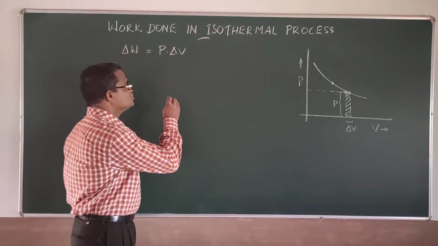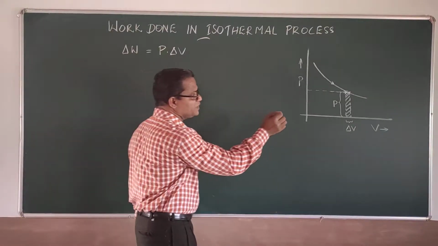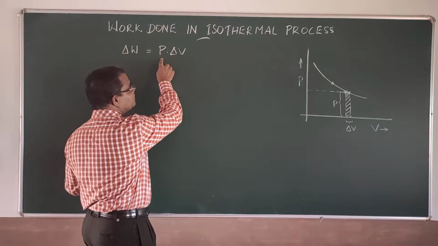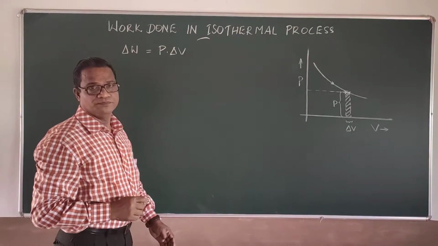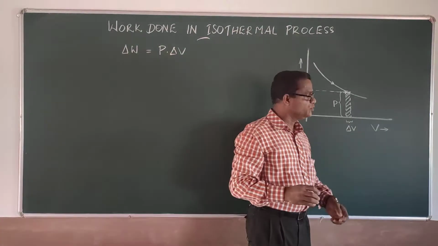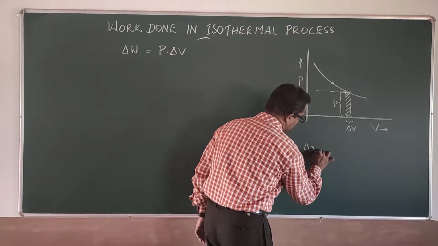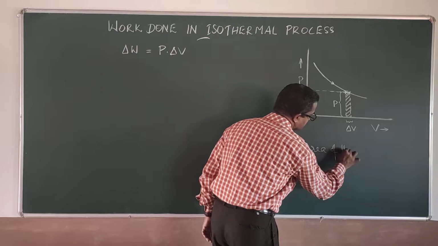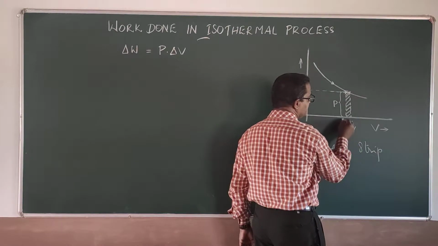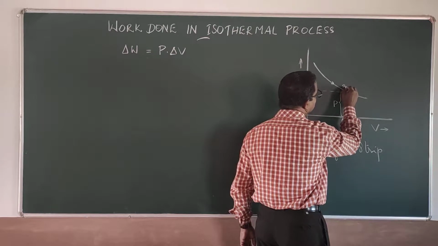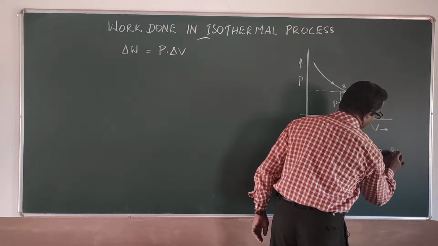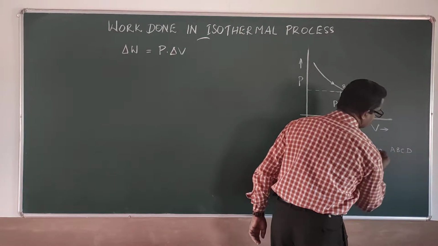Therefore, the small work done for that portion of the isotherm will be pressure into change in volume, which is nothing but the area of the strip A, B, C, D.